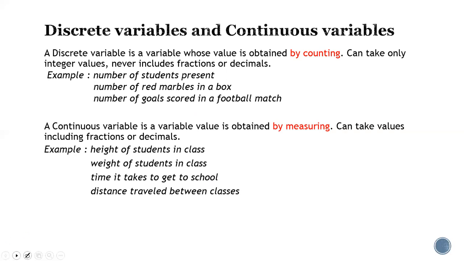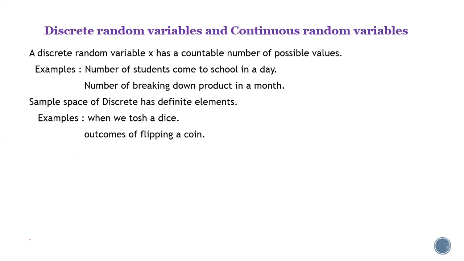Okay, next. Now we are going to discrete random variables and continuous random variables. A discrete random variable X has a countable number of possible values. For example, number of students coming to school in a day, or number of breaking down products in a month.